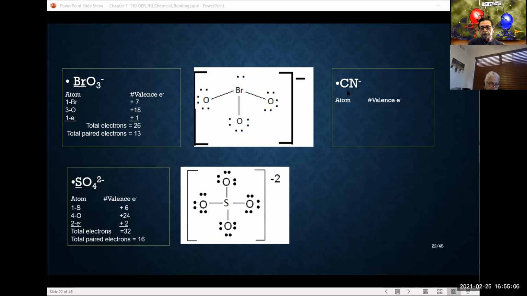Finally, over here we got carbon and nitrogen with a negative charge, similar to the hydrogen. Now, if you recall the HCN that we did way back when, let me see if I can draw that real quick. We had HCN.